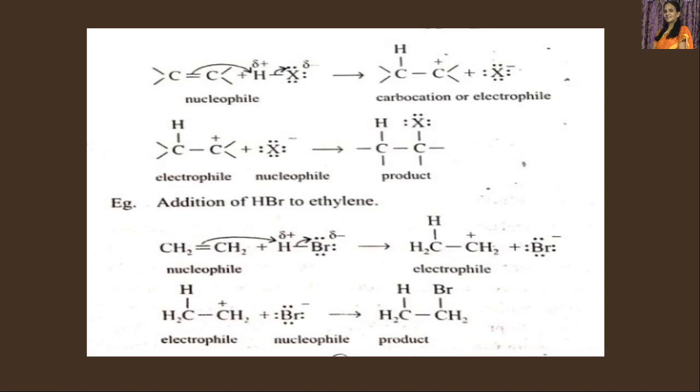So this hydrogen halide is the reagent, and it reacts with alkenes by donating a proton to the pi bond. So the proton, or H plus, acts as an electrophile here and attacks the pi bond to form a new sigma bond with one of the carbon atoms.